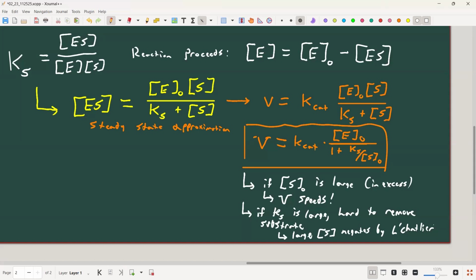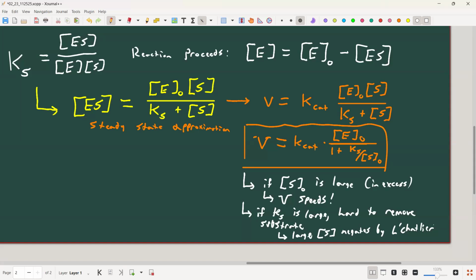Your rate is very slow because E naught is really small. So there's a balance between the binding, how effective the binding is, and how much enzyme you have and how fast the enzyme does its job. And the thing is that you want a balance between stickiness. You don't want your substrate to be too sticky because then it never leaves.